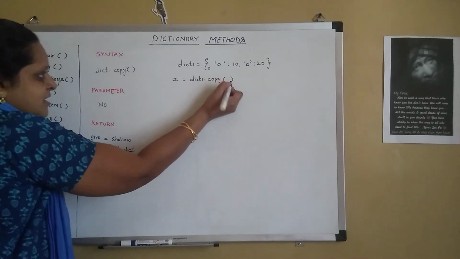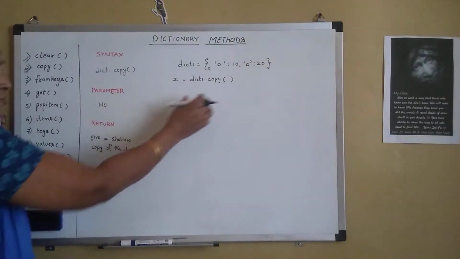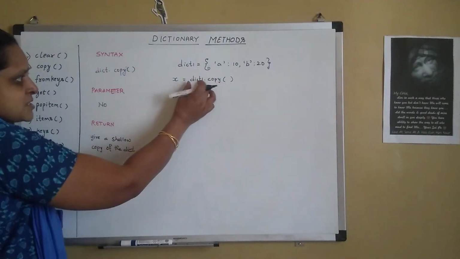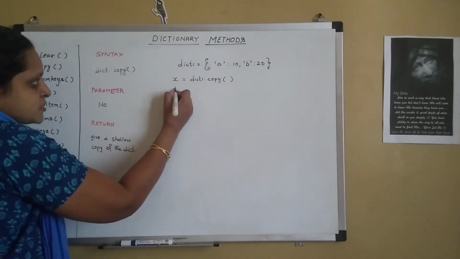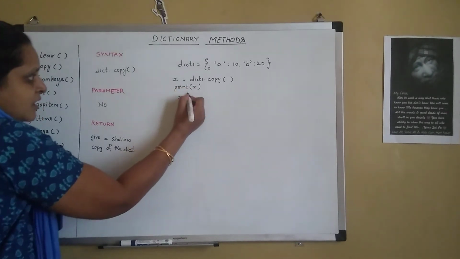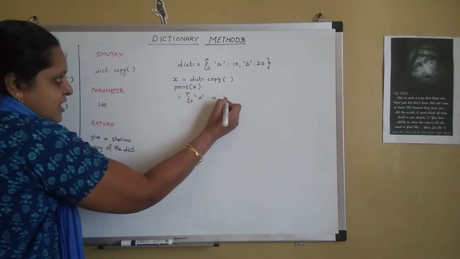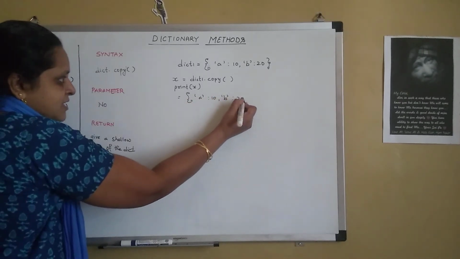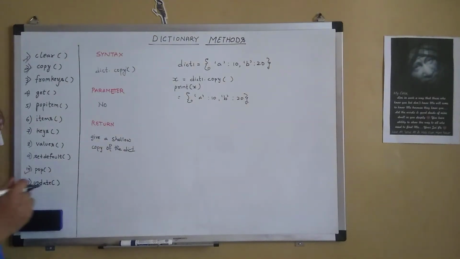Since it does not take any parameters, I am not passing any parameters. So this copy function copies the contents of dict1 into x. So now if I say print x, it will give the same dictionary which it has copied. So A equal to 10 and B equal to 20. So it will give out this particular dictionary.